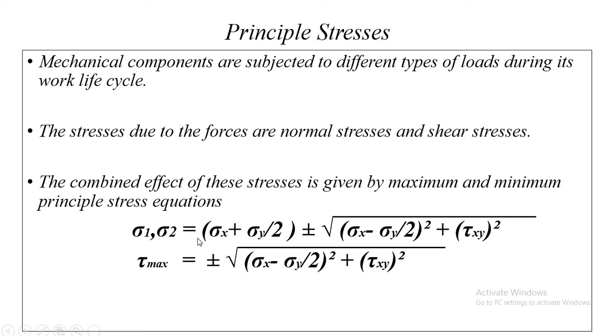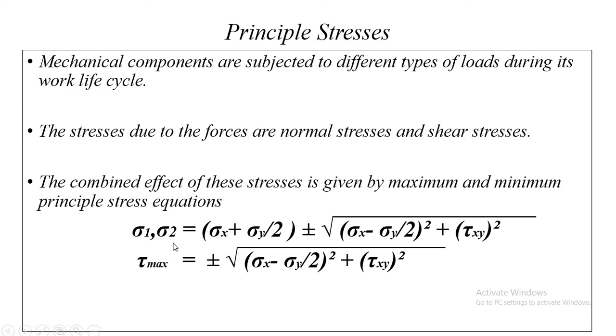Sigma 1 is given by sigma x plus sigma y by 2 plus or minus square root of sigma x minus sigma y by 2 whole square plus tau xy square. Let me again repeat the equation. The maximum principal stress sigma 1 is given by sigma x plus sigma y by 2 plus square root of sigma x minus sigma y by 2 whole square plus tau xy square.